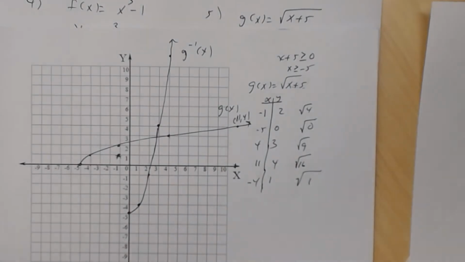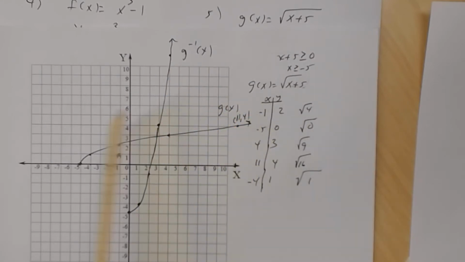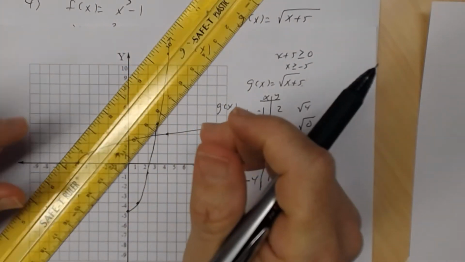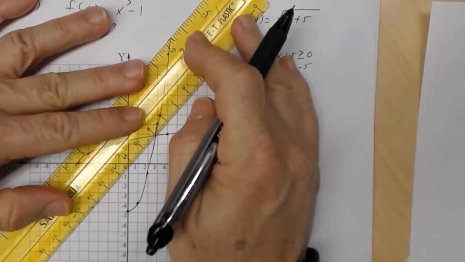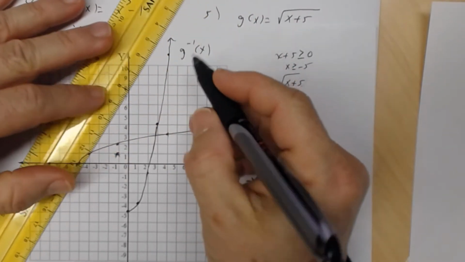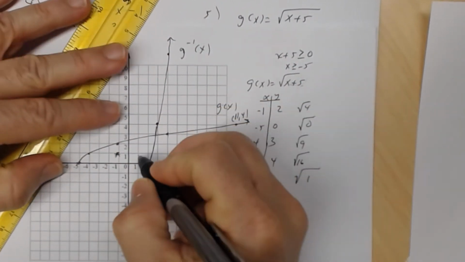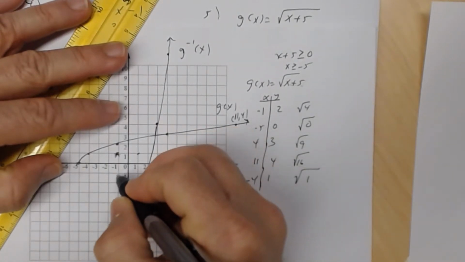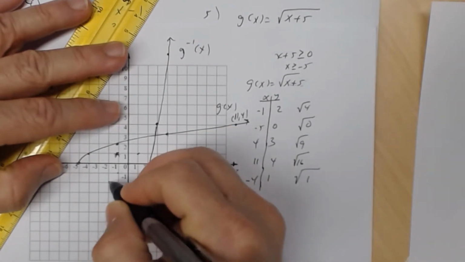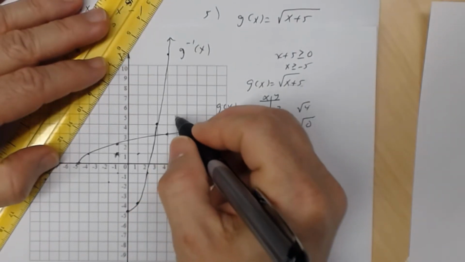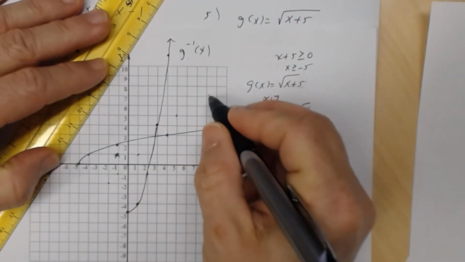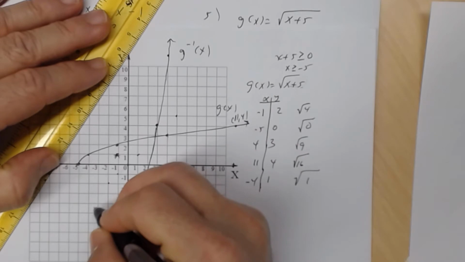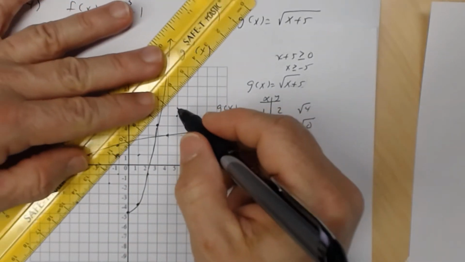So there's g inverse. Now remember, these two graphs are symmetrical about the line y equal x. Remember that from lesson 1. The y and the x are always the same: 1, 1, 0, 0, negative 1, negative 1, negative 2, negative 2. So remember, the line y equal x goes right through the middle of the first and third quadrants.